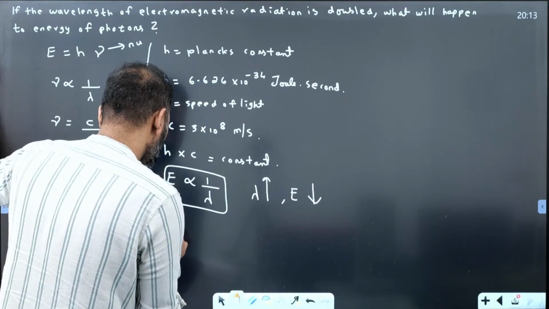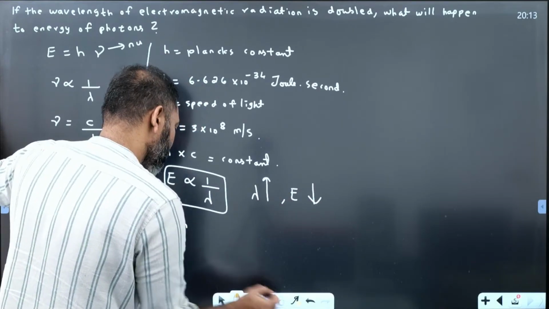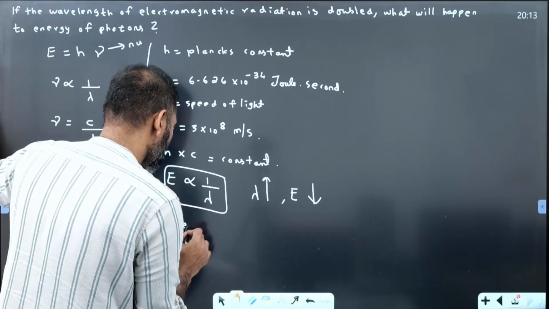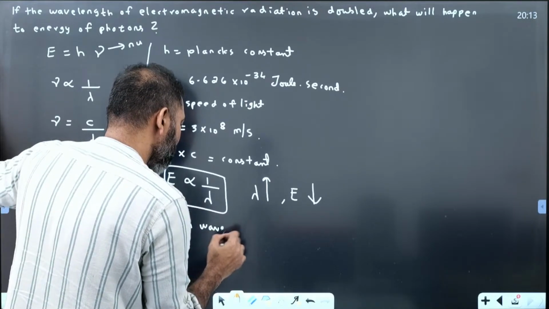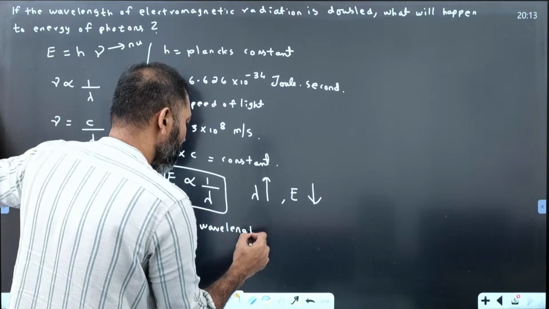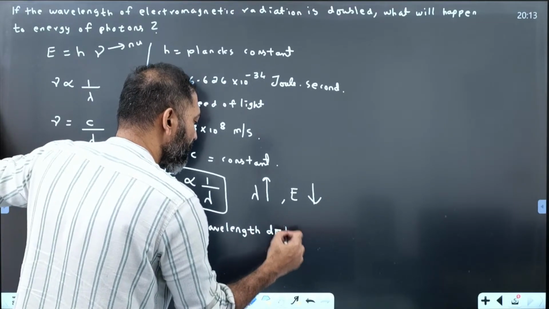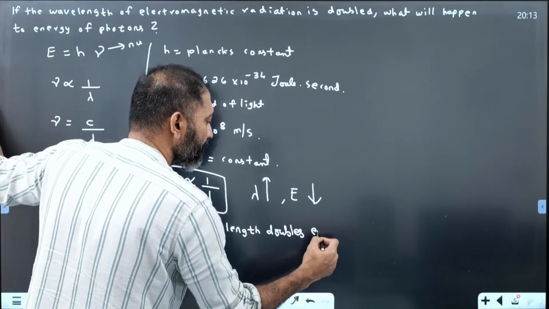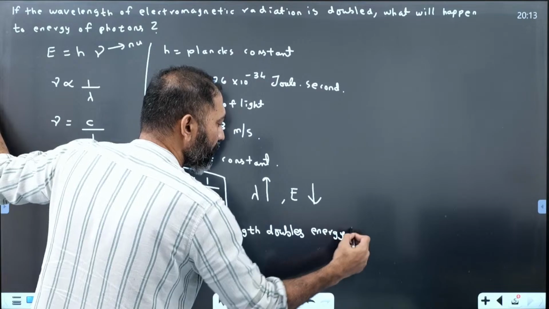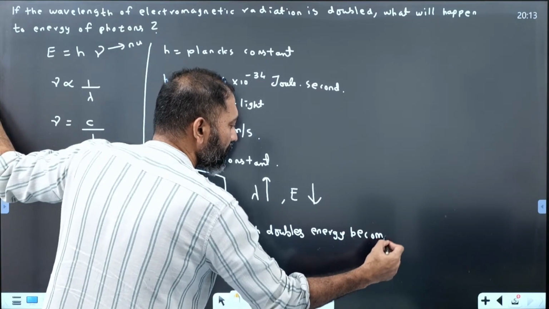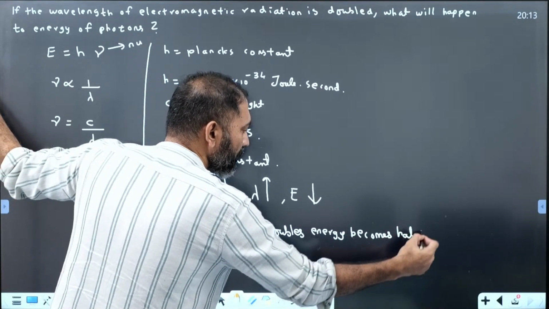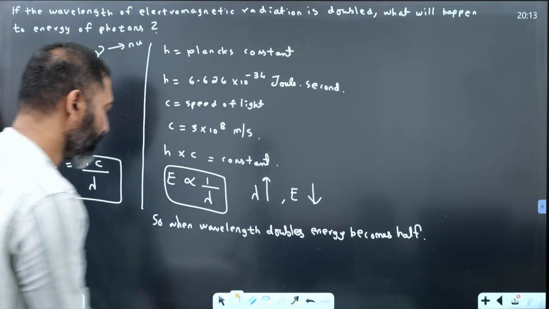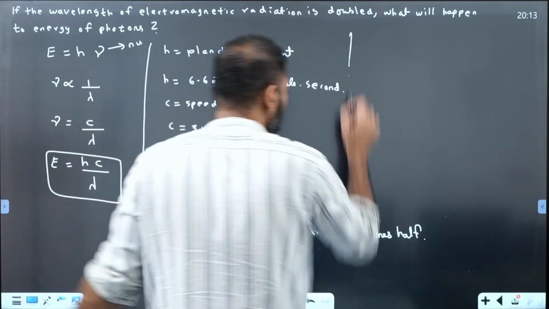So when wavelength doubles, energy becomes half. Energy becomes what? Half. Now one more point.